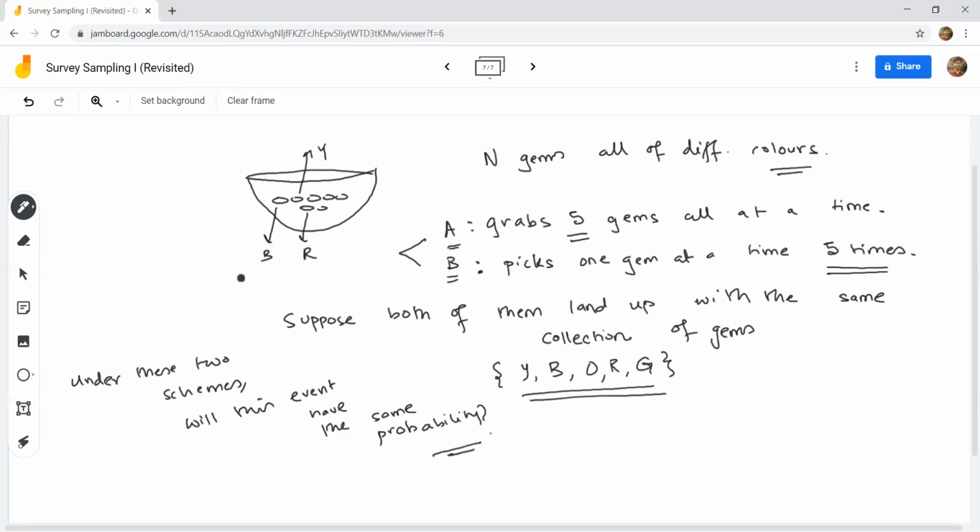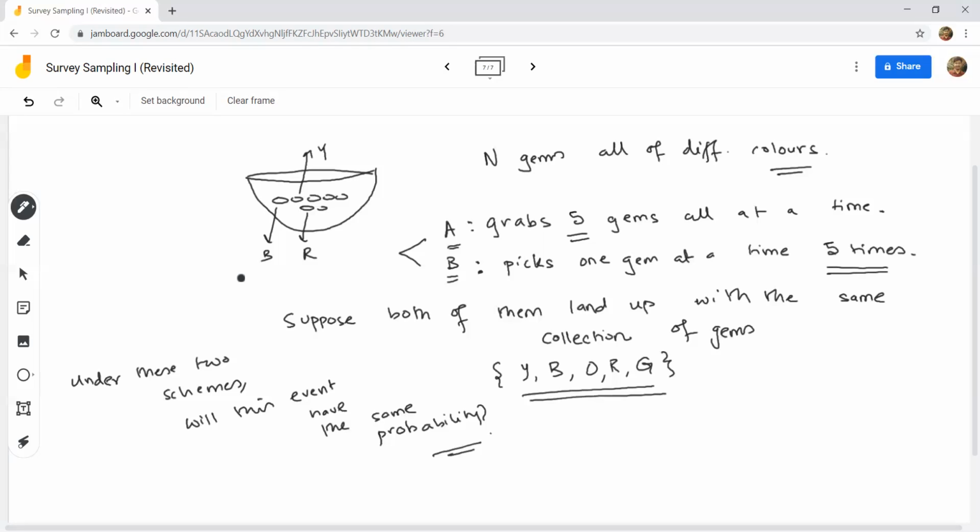Or in other words, are these two schemes the same or are they different? It appears that there are two different schemes, and you have got the same sample out of these two different schemes. So is the probability of getting this sample for both these schemes the same or different? Which also answers the question of whether these two schemes are the same or different.